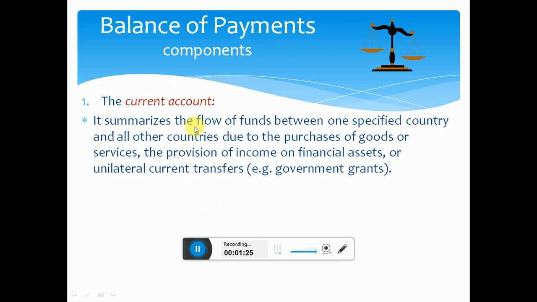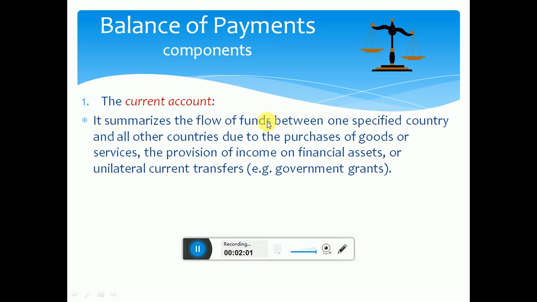It summarizes the flow of funds between one specified country and all other countries due to the purchase of goods or services, the provision of income on financial assets, or the unilateral current transfers. What does it mean? It summarizes the flow of funds, the money which is going out of the country or the money which is coming into the country.